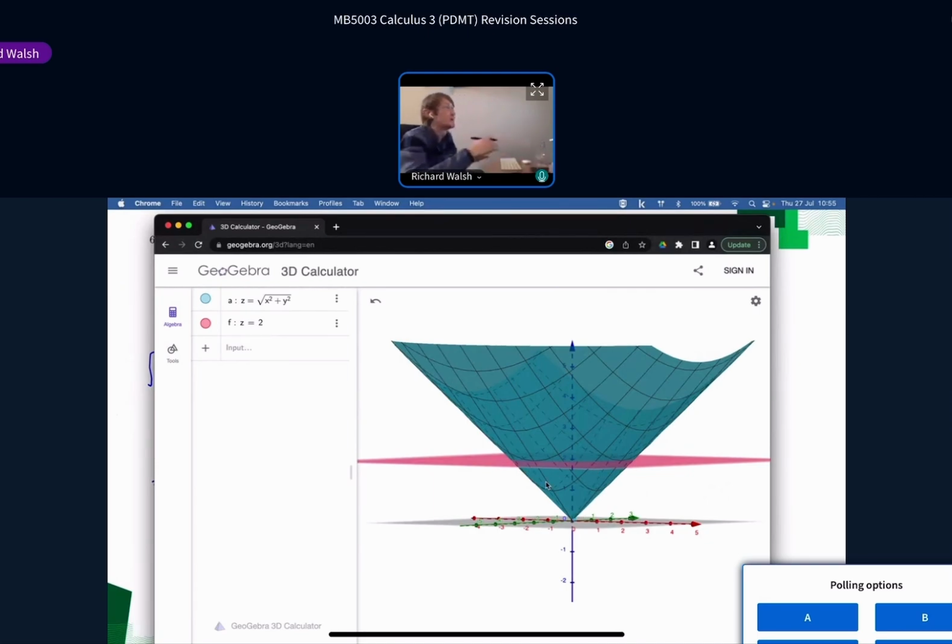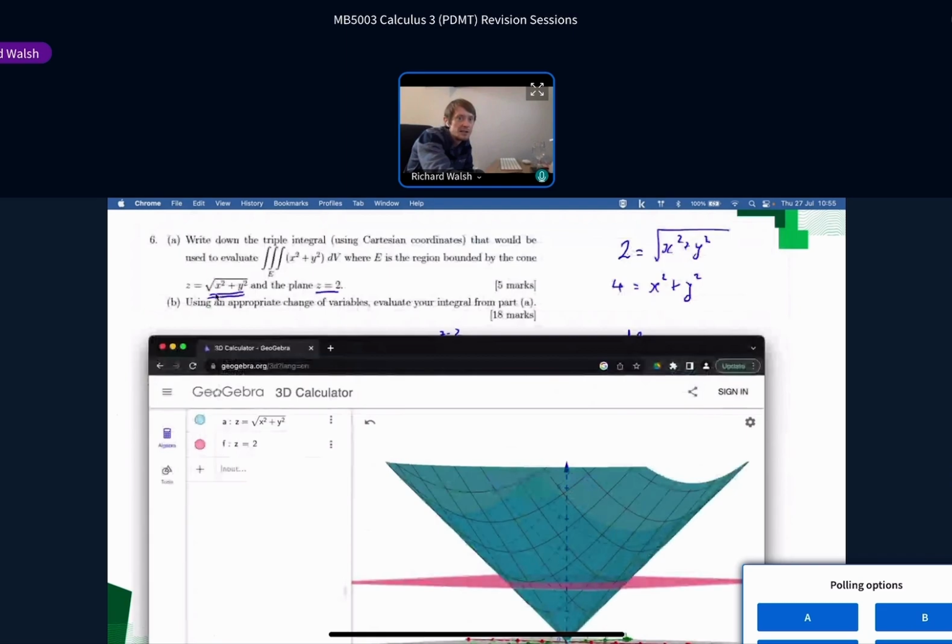When setting up the triple integral, the first element we deal with is the height side of it. What's the story with all the height values? Z goes up as far as 2, and any z value underneath that is given by z equals the square root of x squared plus y squared.